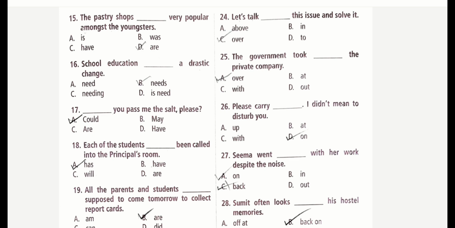Okay, so why not may? Because may can be used to make a request. It is less common in this context compared to could or would. And have, this is not the correct auxiliary verb to use in this type of sentence. Have is not appropriate for making a polite request.